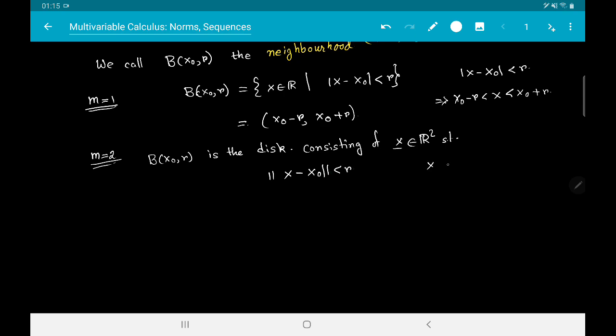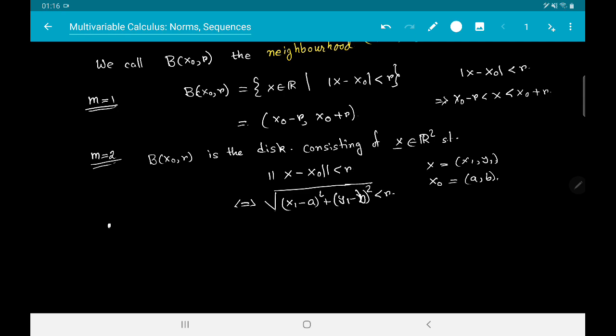If I write x as (x1, y1) and x0 as, maybe, (a, b), then this is the same as saying that the square root of (x1 minus a) whole squared plus (y1 minus b) whole squared is less than r.